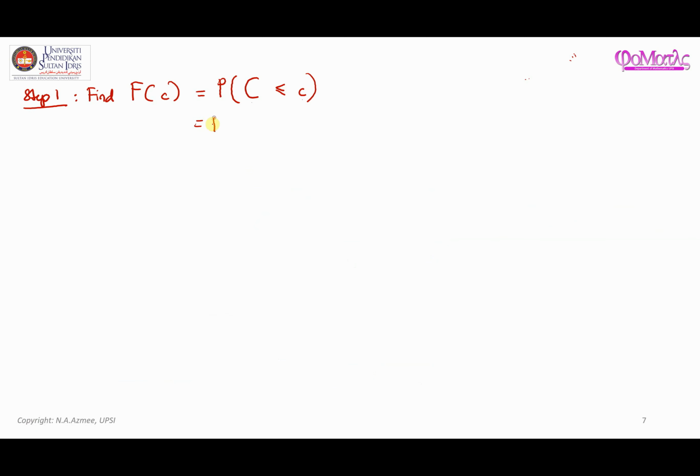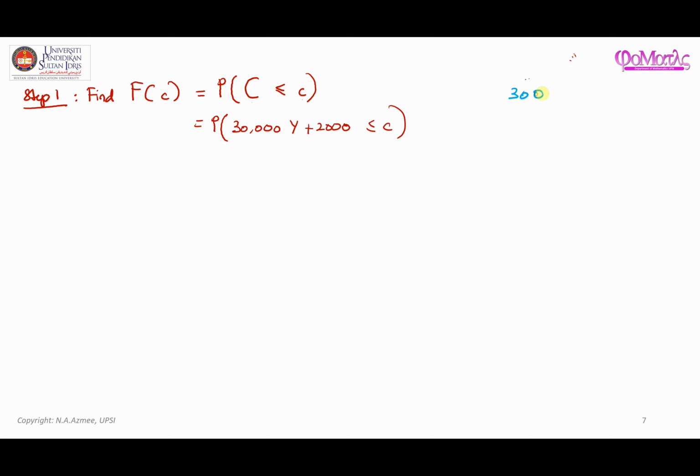This is the same as finding the probability that 30,000Y plus 2,000 is less than or equal to small c, and we need to make Y the subject.